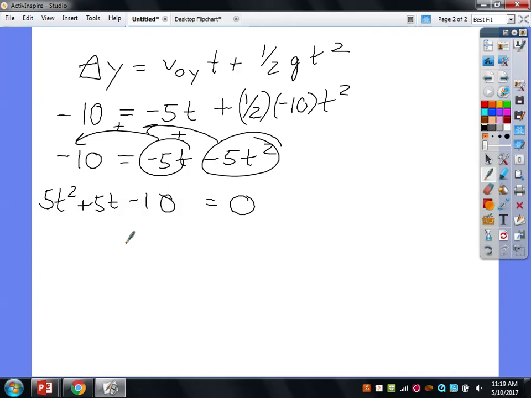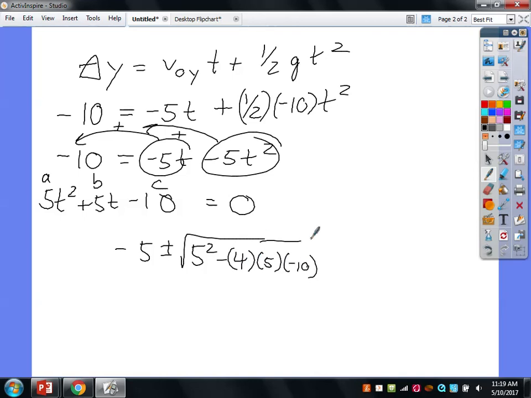Remember, this is A, B, C. I'm not even going to write it out because you should know this by now. Negative 5 plus or minus the square root of 5 squared minus 4 times 5 times negative 10, all over 2 times 5.